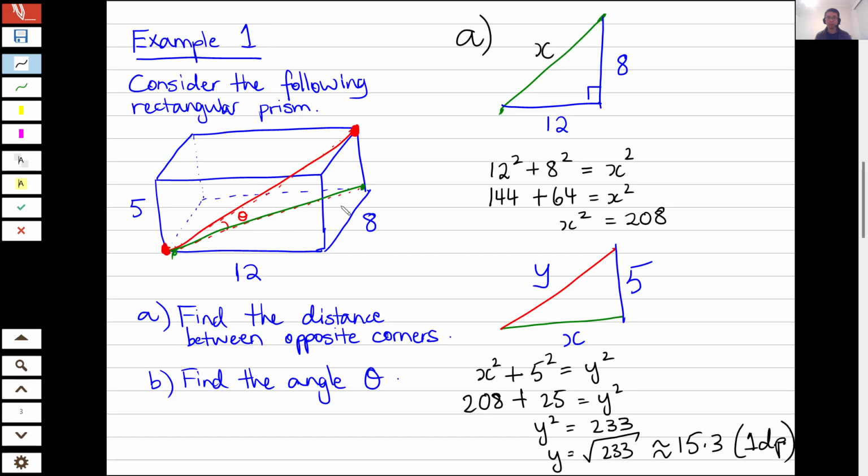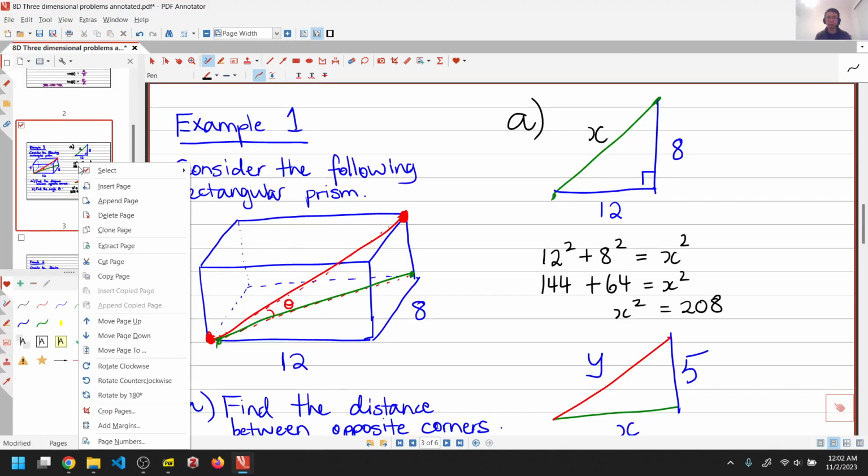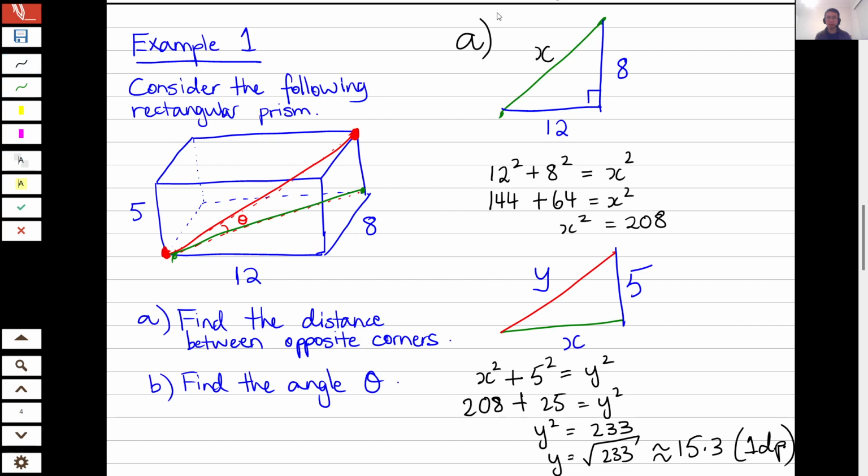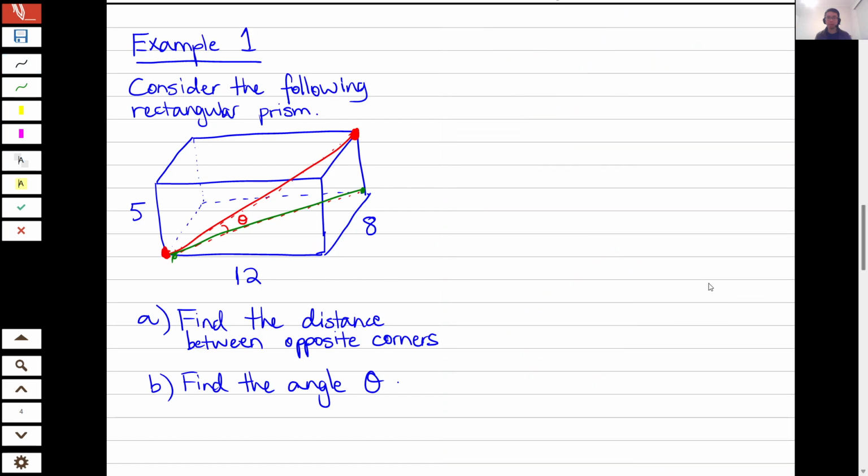So it was good that we drew a triangle, because now we're going to be able to calculate theta quite easily. So let me just duplicate this page. And now I can get rid of that. There we go. Okay, so part B.